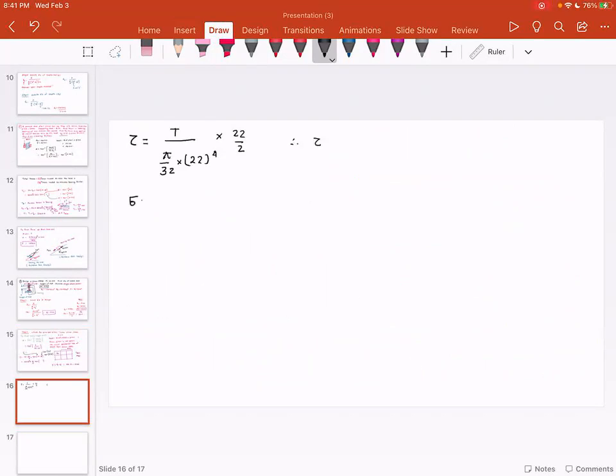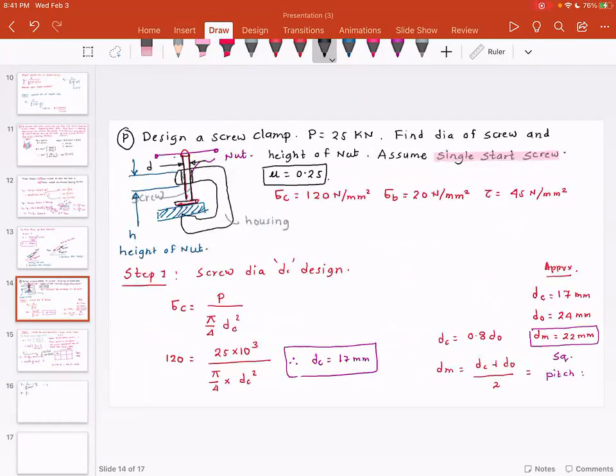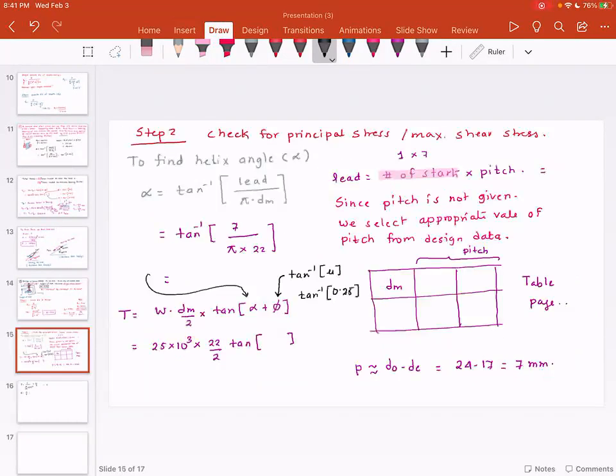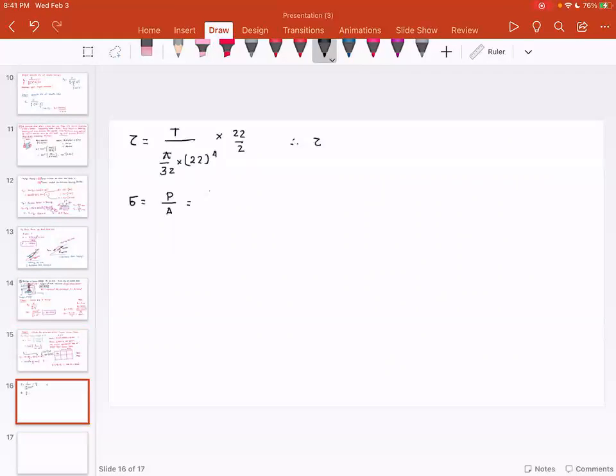Again, sigma value is P divided by A, where P is 25 kilonewton. And please observe that our initial diameter was 16.34 or something, but we modified that to 17. So the actual value of sigma is going to be different.